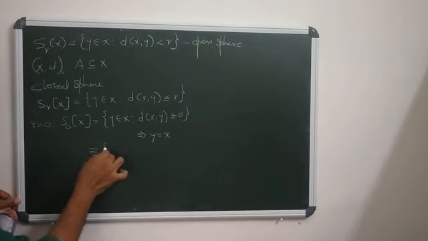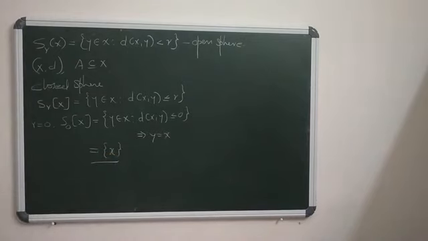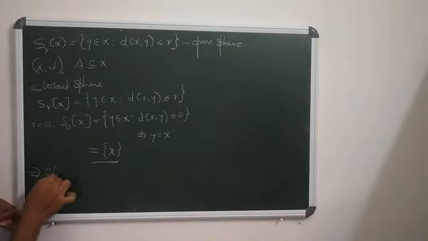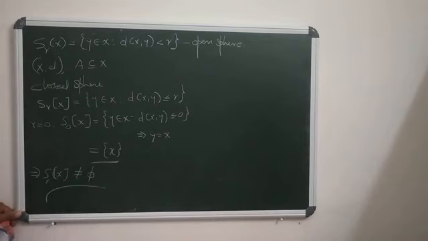So that is nothing but the singleton set {x}. When R equals 0, S_0[X] is nothing but X itself. So it is always non-empty. That means S_R[X] is always non-empty. Why? Because X always falls in S_R[X]. Okay. So this is the closed sphere.